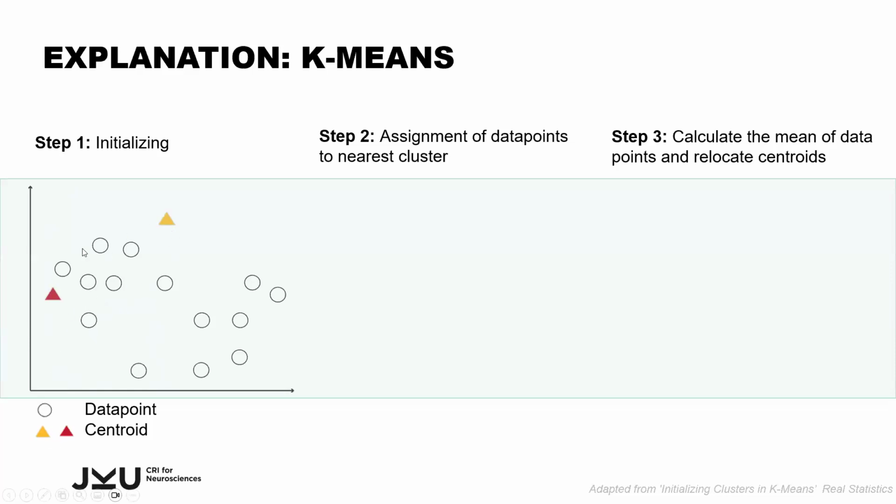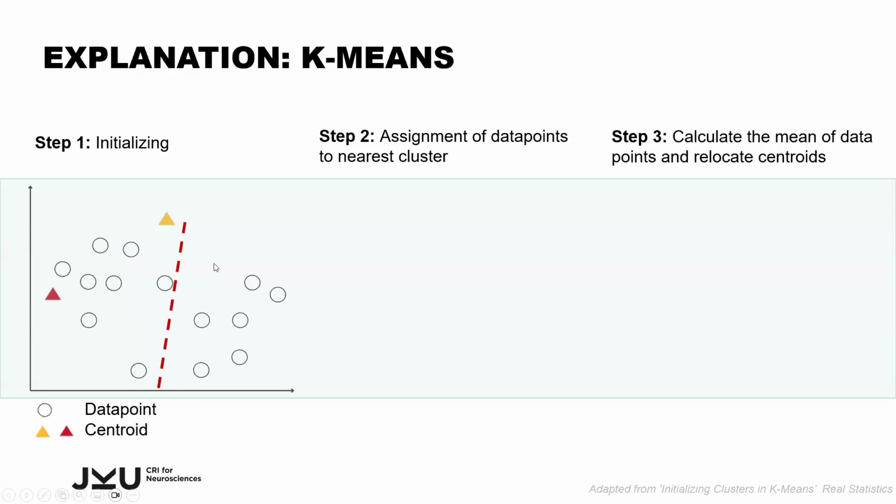So you start with two clusters, which are called the centroids. You project these centroids randomly onto your data set. Then you have to decide which data points fall in the red cluster and which in the yellow. You can decide that by yourself, of course, but this is not really reliable.